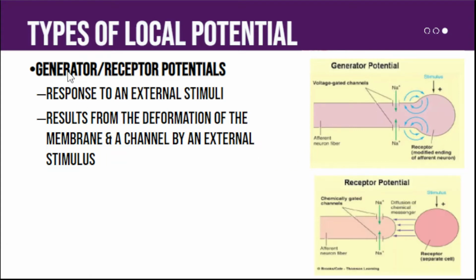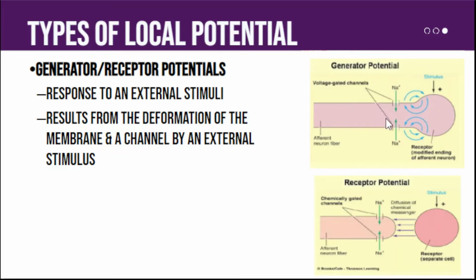What's the difference between generator and receptor potentials? Your generator potential, yung kanyang sensory receptor, is attached to the afferent or sensory neuron. Directly attached. So pag ito na-deform, it will create a signal causing sodium to again enter the cell.